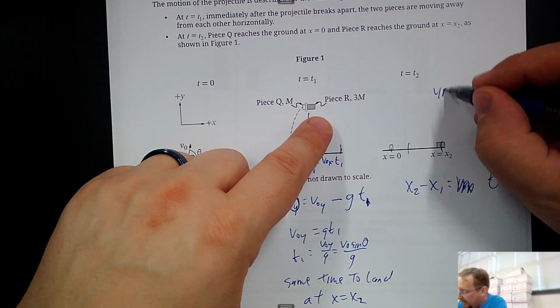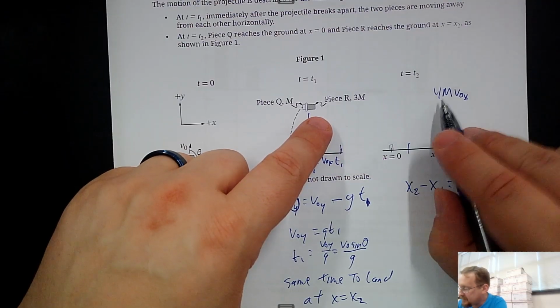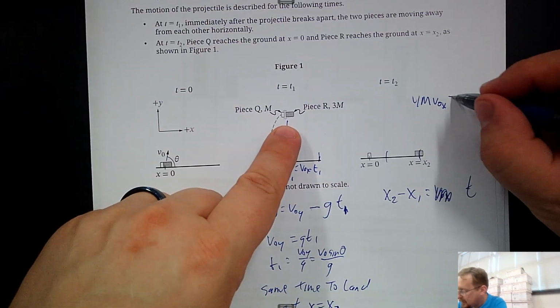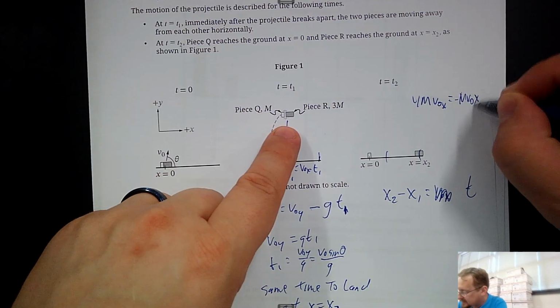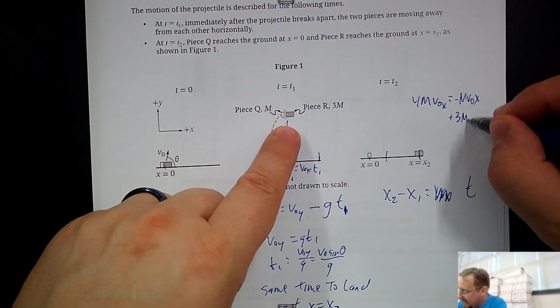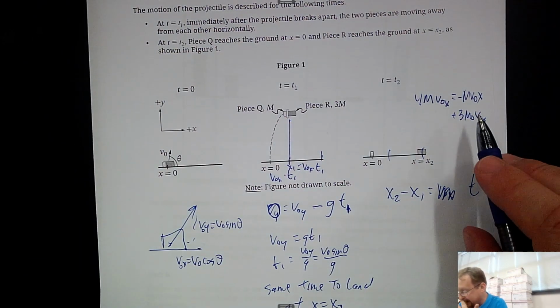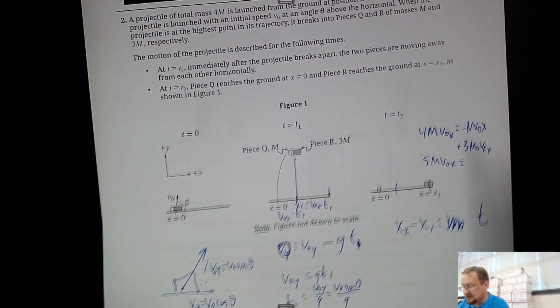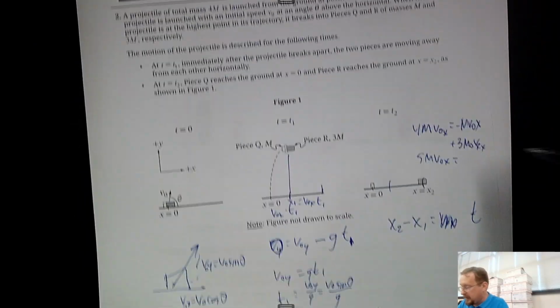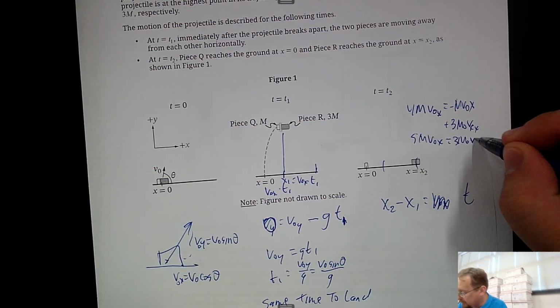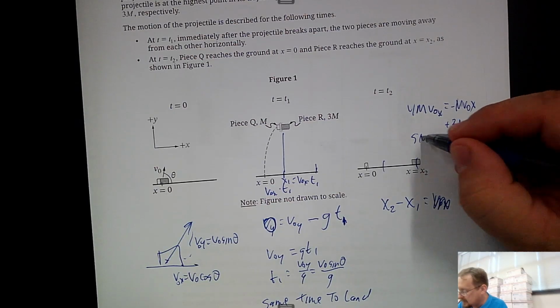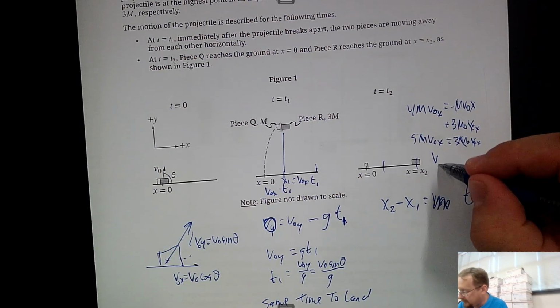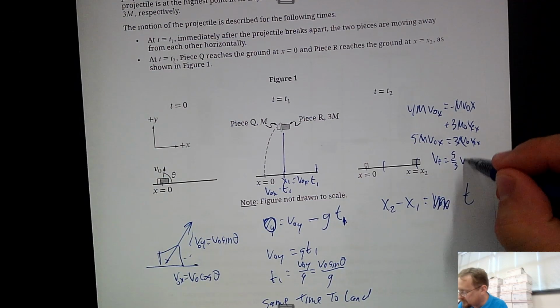You've got 4m times V0 x, that's the initial sideways momentum, equals negative m V0 x plus 3m times, I'm going to call it v final x for him, okay? So then if I bring this over, it's 5m V0 x, which explains that bar 5 right there, equals 3m times v final x. So then the v final x is 5/3 V0 x.